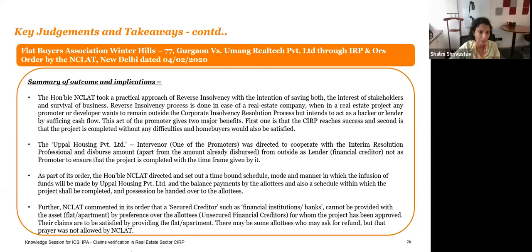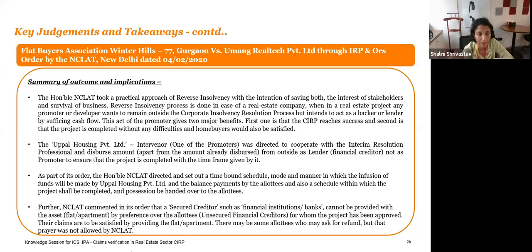But at the same time, these case laws, both of which we have come across, refer to Pioneer, and the later one refers to the former one. They lay down the full mechanism in which the RP or the IRP can run the project: what percentage of funds will be used for construction, what can be used for other purposes, that an escrow mechanism needs to be set up, all those things are there.